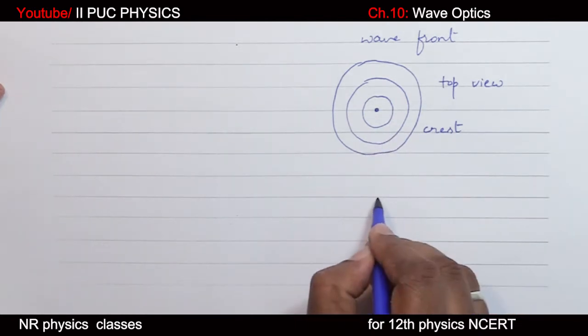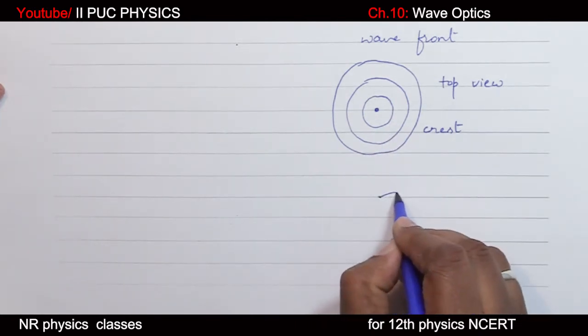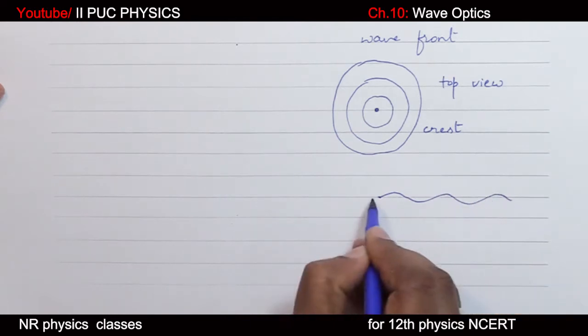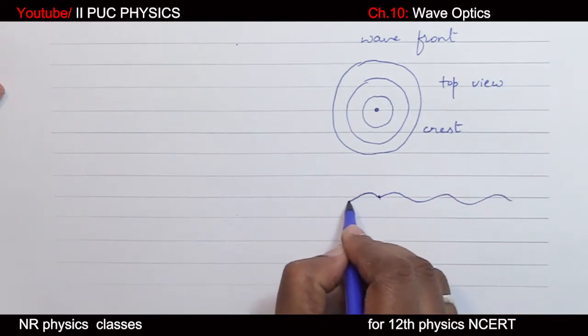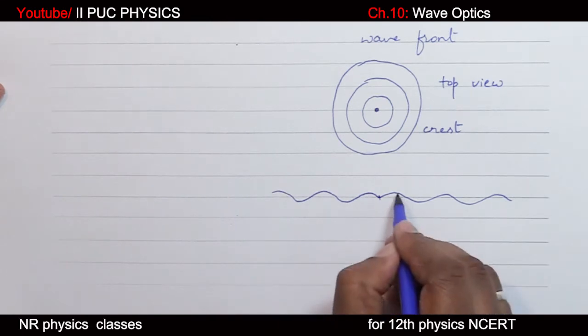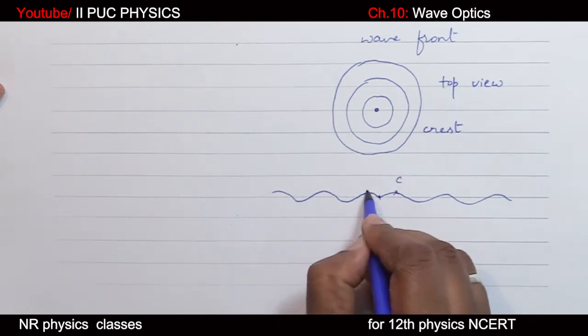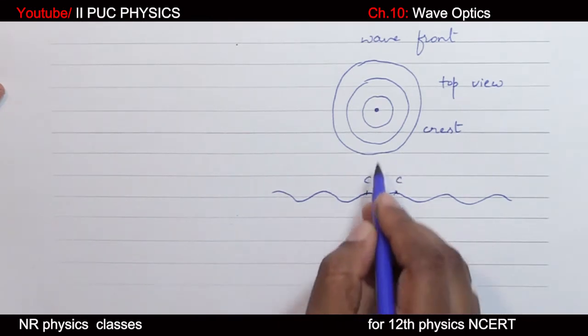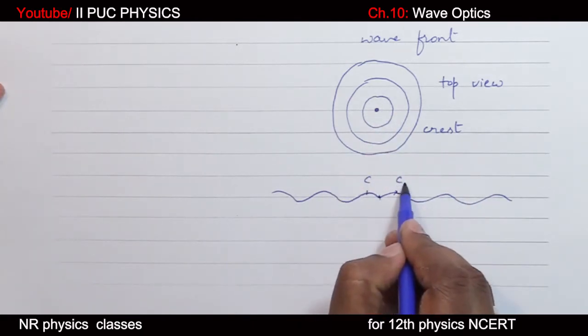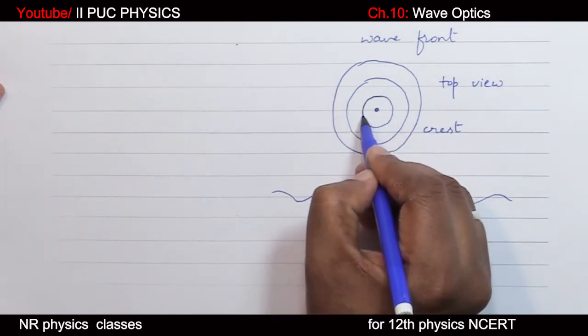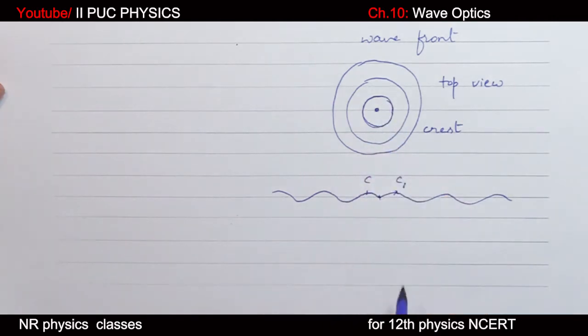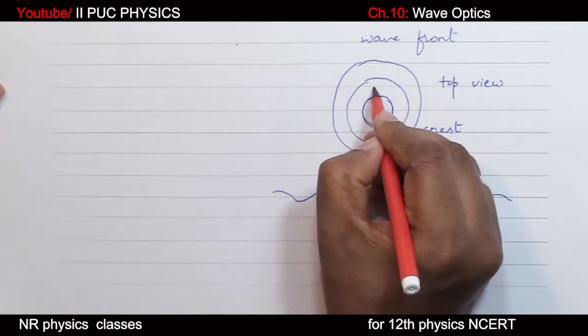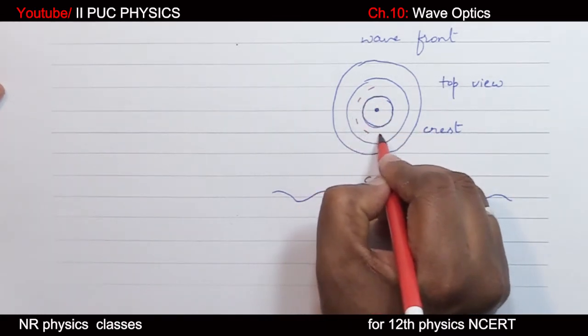Side view: if this point is disturbed, and this is the wave pattern at some instant of time. See, this is crest, this is crest. So this first crest is this. After that there is trough. Trough points are represented by these dotted lines.